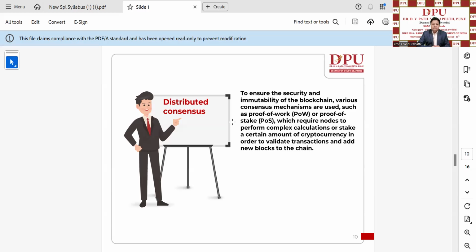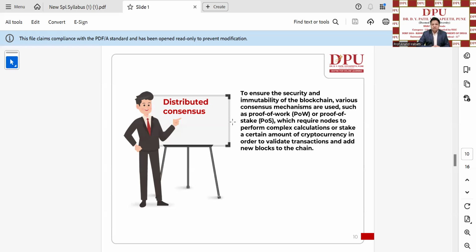In case of a traditional financial system, we have the validation by the banks. But in case of blockchain technology, the validation is done by the consensus model, by the software. So validation is important. Who is going to do that validation? In case of the normal traditional transaction, banks are doing it. But in case of blockchain, it is done by the consensus model.